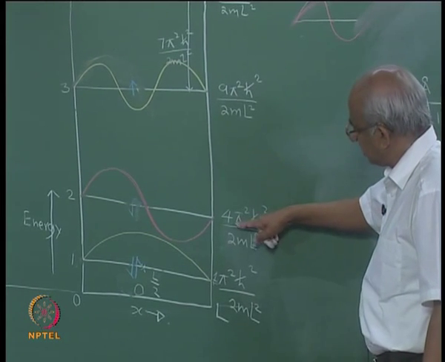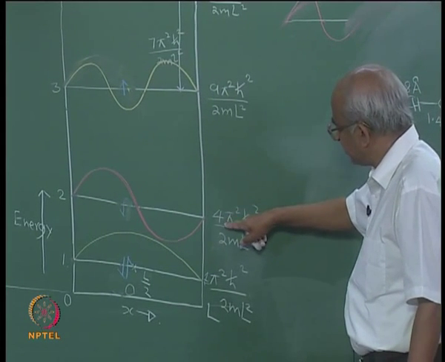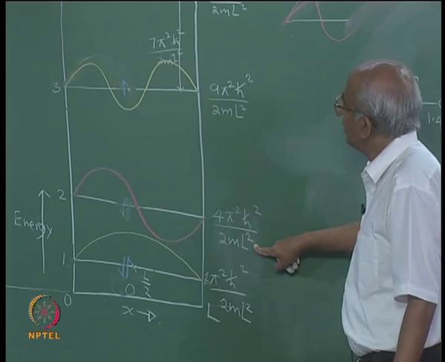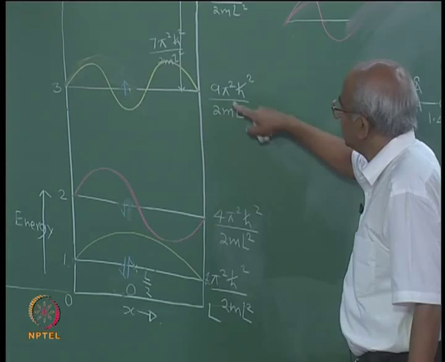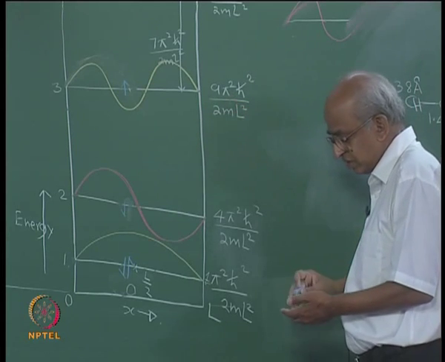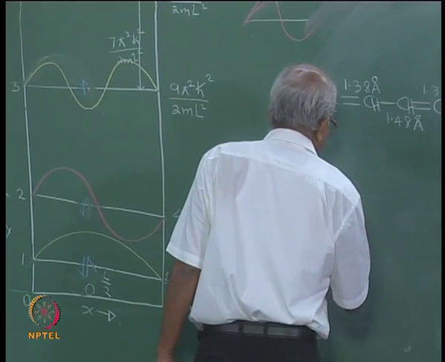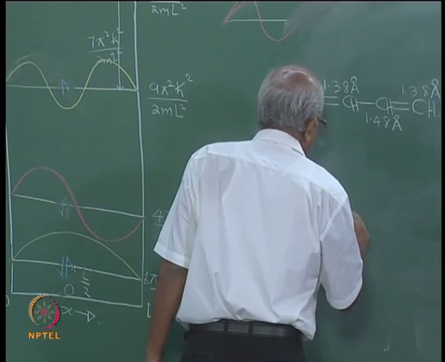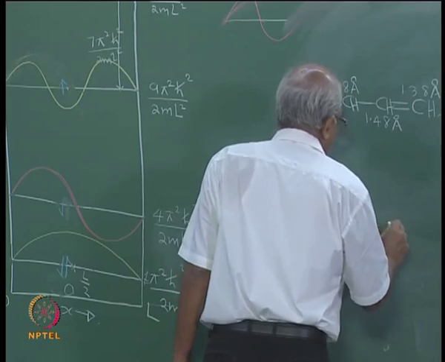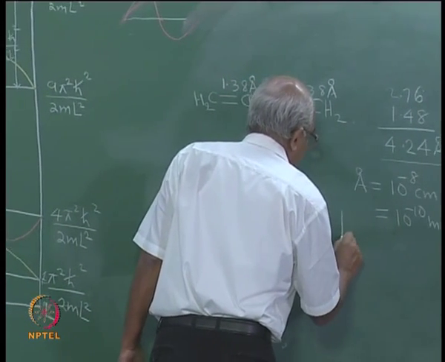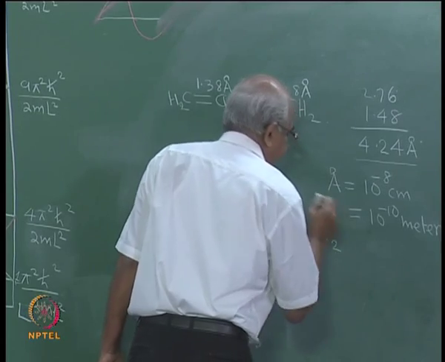Energy of the initial state, as far as that electron is concerned, it was having an energy which is equal to so much, and as a result of the absorption of radiation, it has gone on to that state. So, the change in energy, which I will denote as delta E, in this case will be the energy of the state with n equal to 3 minus the energy of the state with n equal to 2.